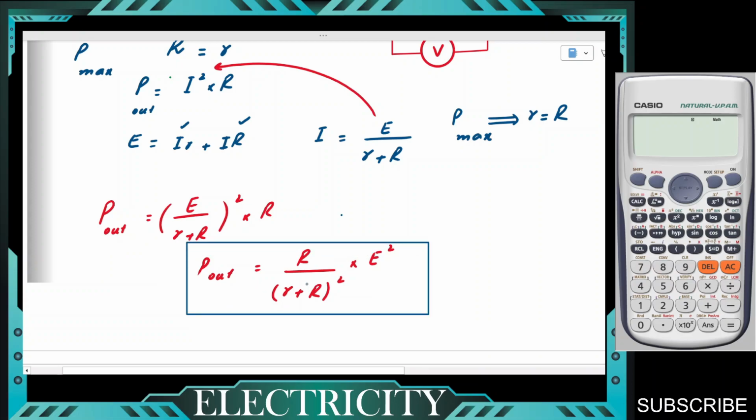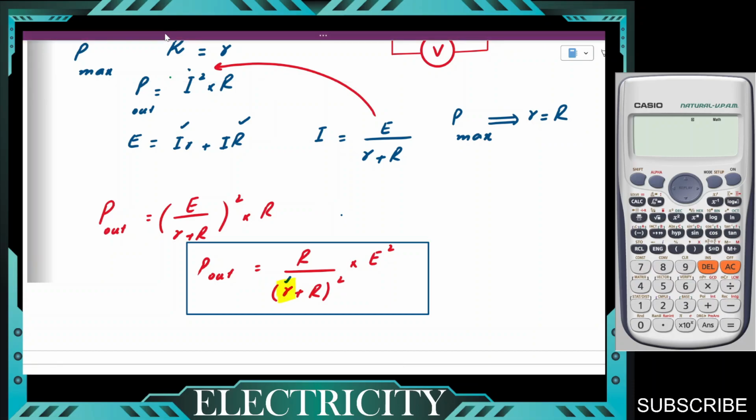And how is it different from the one that we study in O levels? In O levels, we simply say P equals I squared R. And if current is not given, we could find the current as well. But in that formula in O levels, we don't incorporate the internal resistance. So you do not have this term in O levels.